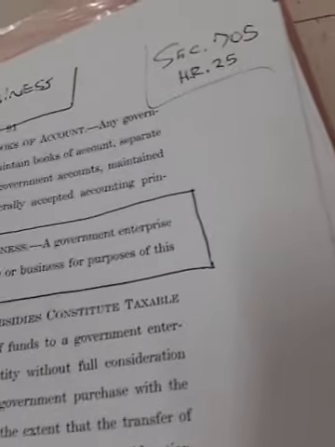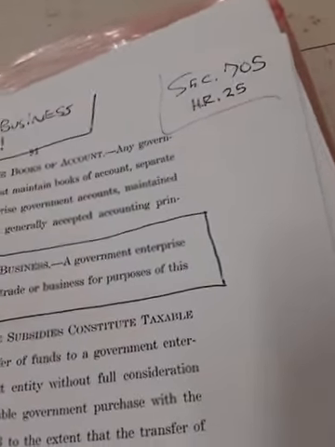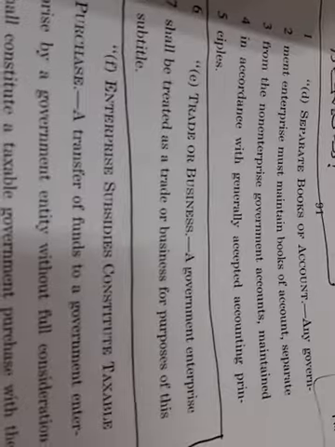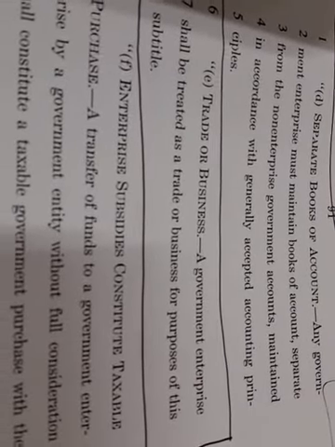Let's see here. 97, 94, 91. 91, trade or business. What do you know? Government enterprise shall be treated as a trade or business for purposes of this subtitle. Do you get it yet? Do you get it? Do I have to turn the phone sideways? A government enterprise shall be treated as a trade or business for purposes of this title.